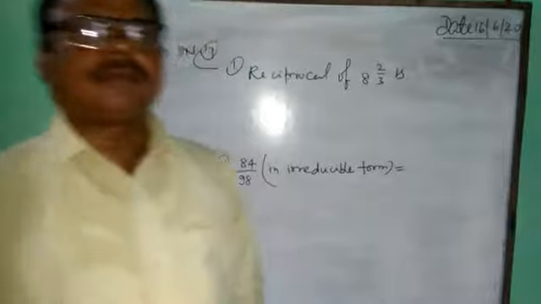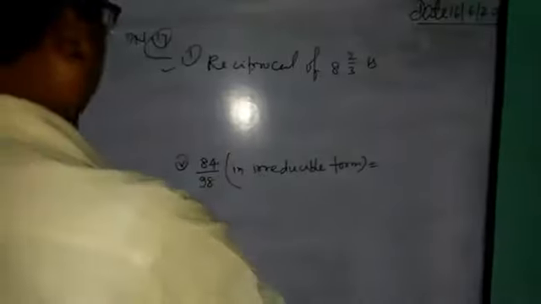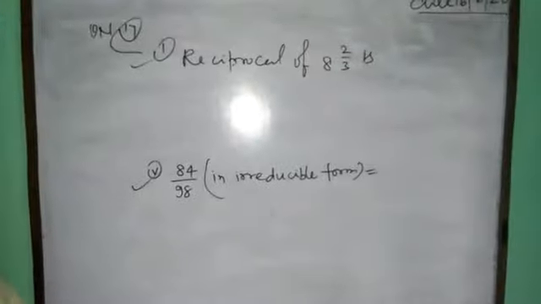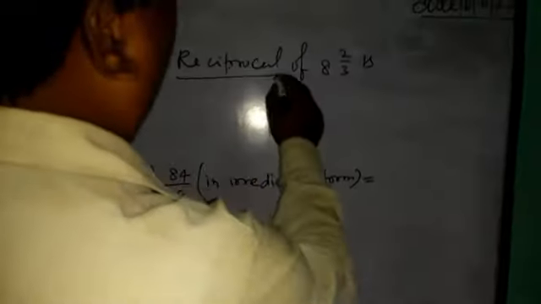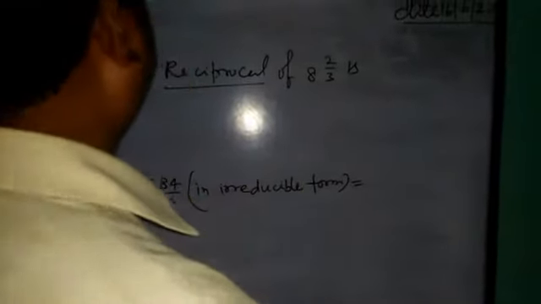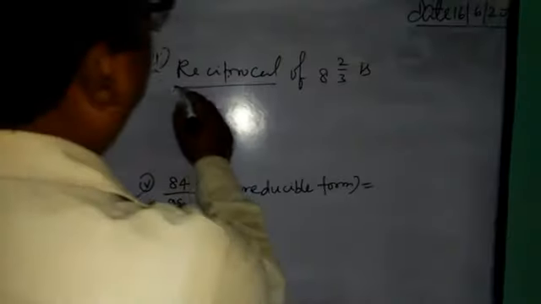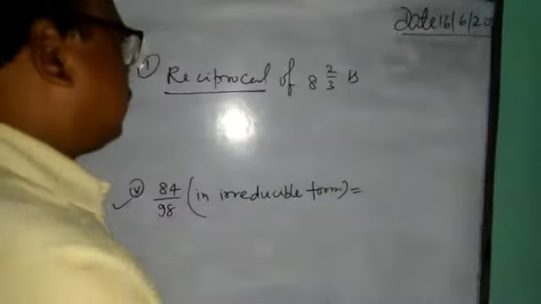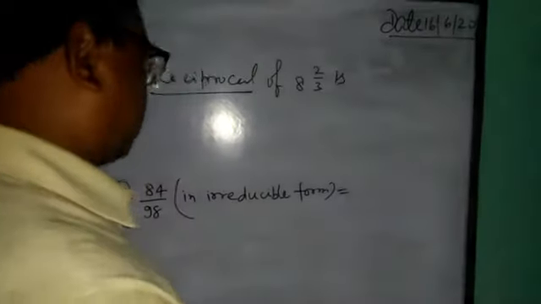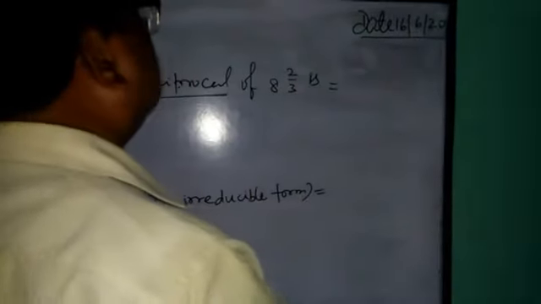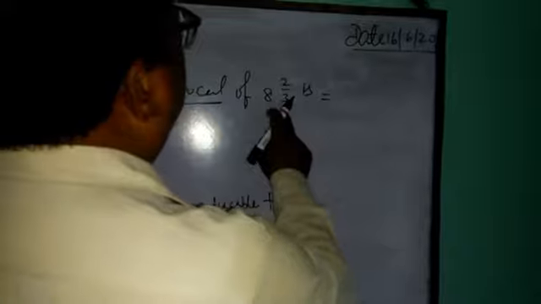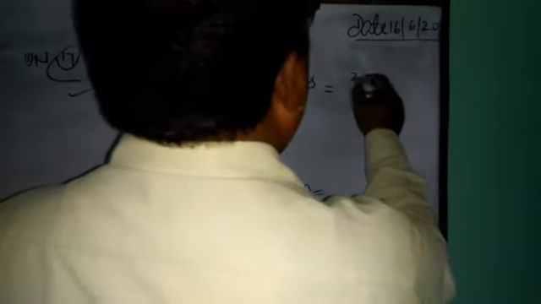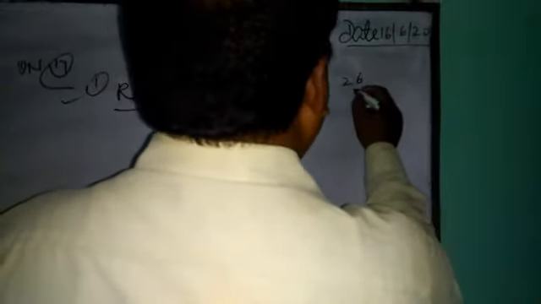Question number 17. The first and fifth I am solving here. First question, reciprocal of 8 whole 2 by 3 is what? Reciprocal means opposite, interchanging the place of numerator and denominator. First we convert into a simple fraction. 8 3s are 24 plus 2, 26 by 3.